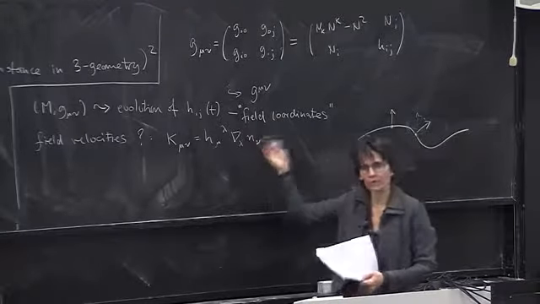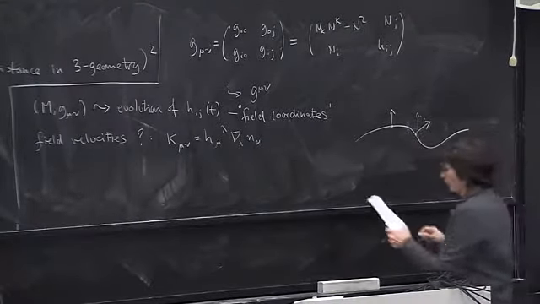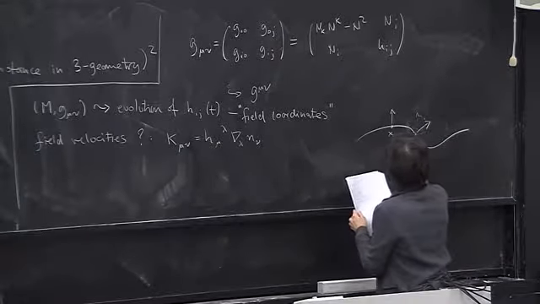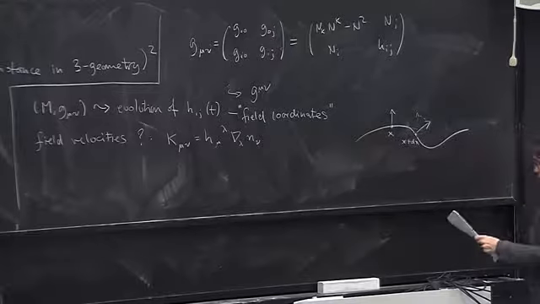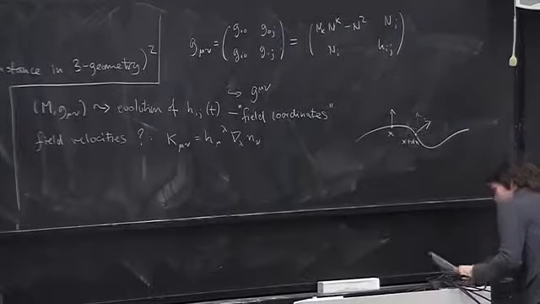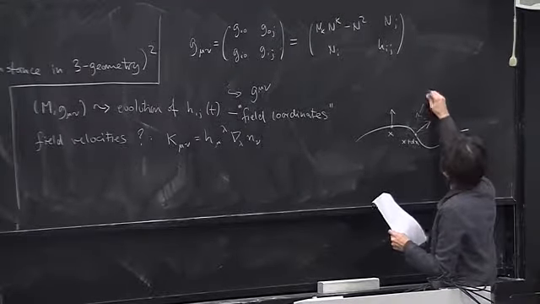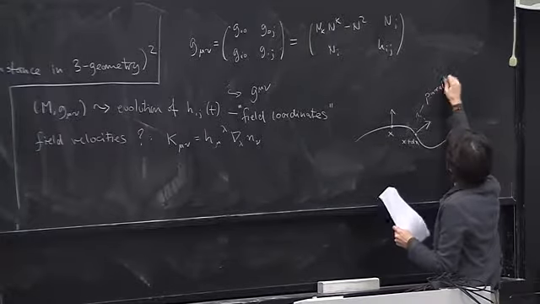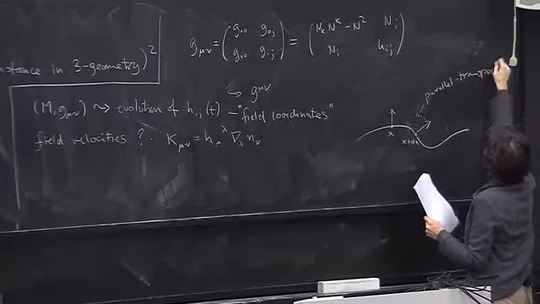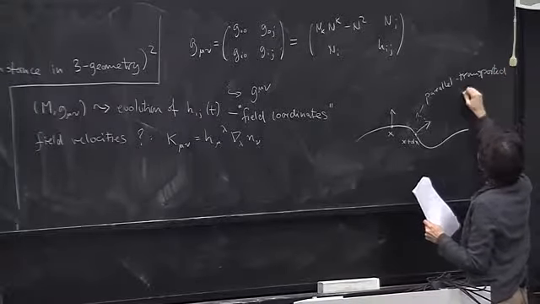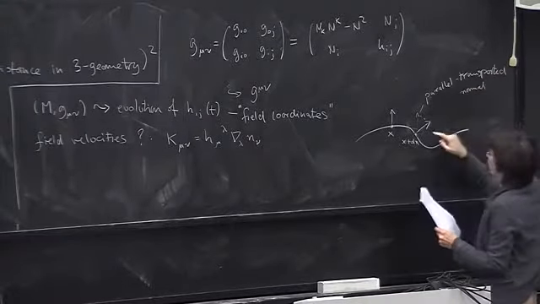So it's rather transparent from this 4-dimensional picture. So this is x plus dx. Oops. So this is my parallel transported vector. Transported normal, and you compare it to the normal at that point.